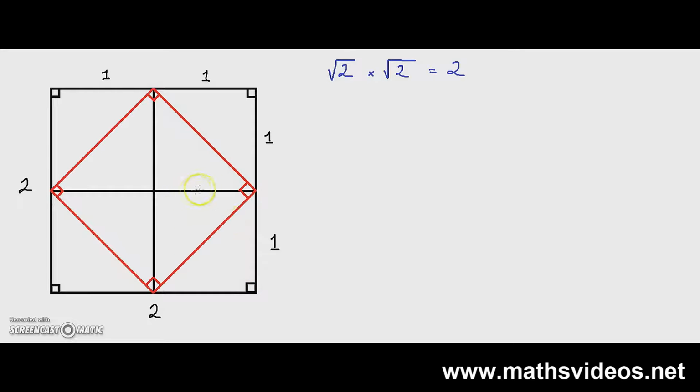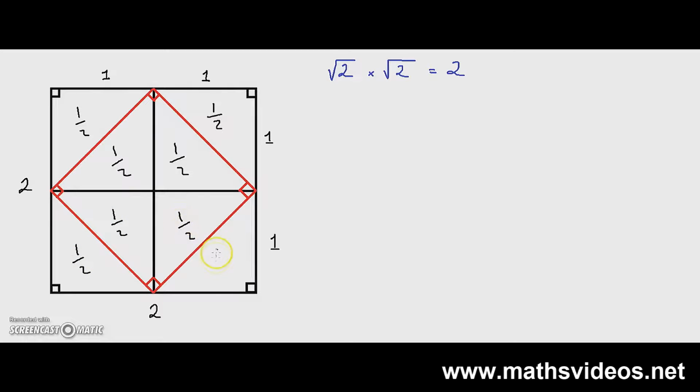Now, let's figure out the areas of these right-angled triangles over here, okay? Now, the area of this square over here is going to be 1, as 1 times 1 is 1. So this area over here must be equal to a half, along with this one and all the areas of the other right-angled triangles.